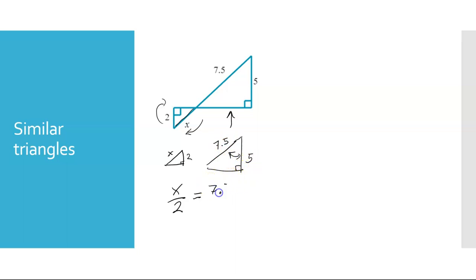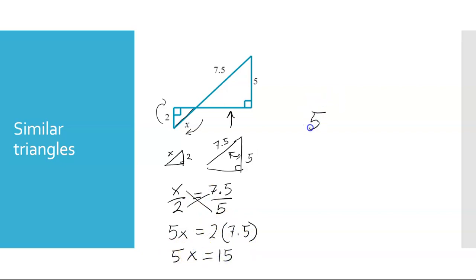So we did hypotenuse, which is 7.5, over the vertical right-hand side, so that's 5. Again, we have a proportion, so again we can cross multiply. x times 5 is 5x, 2 times 7.5 is 15. So we have 5x equals 15.